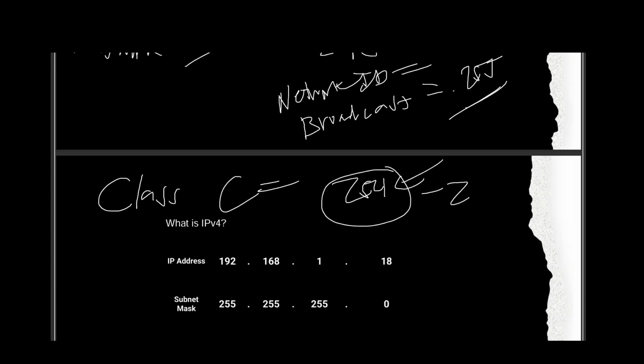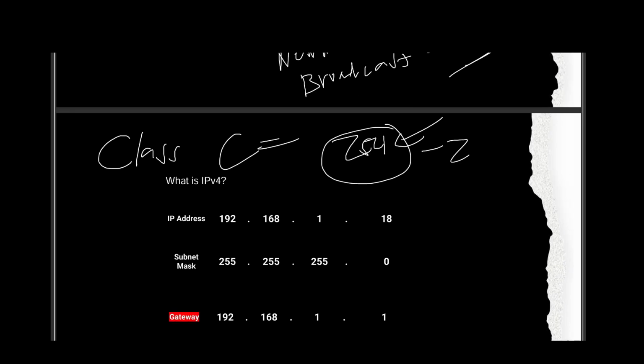So that's why the maximum number of hosts it can contain is 254. It's always class C because on a typical home setup, we don't really need a lot of IP addresses, and even 250 is already a huge amount. That's why we're always going to see class C networks.